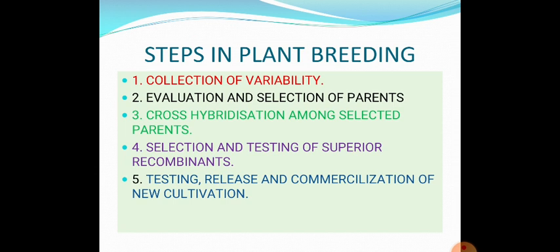After that, selected parents will be cross hybridized. After selection and testing of superior recombinants, we are going to test them again, release them, and commercialize them for new cultivation.